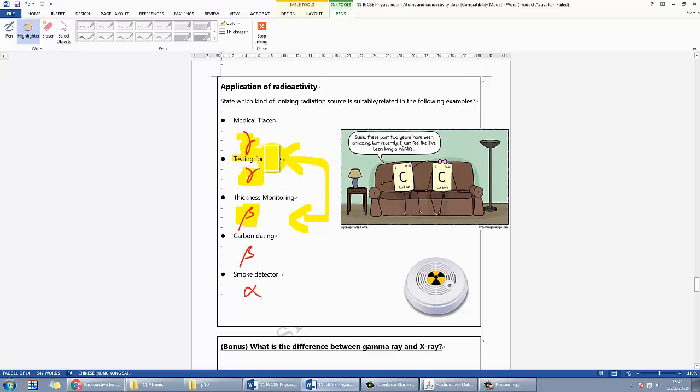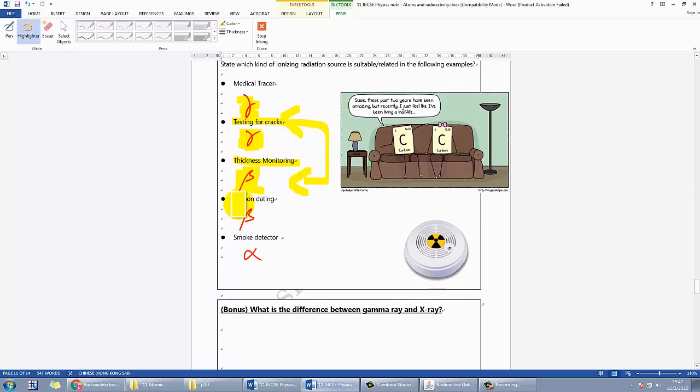For cracks, they are probably talking about things like buildings or really thick material, so you want more penetrating power, and gamma will be a better choice. For thickness, like monitoring metal sheets or even paper, it will be quite thin, so using beta will be quite useful, as gamma may not give you a significant change in that case.